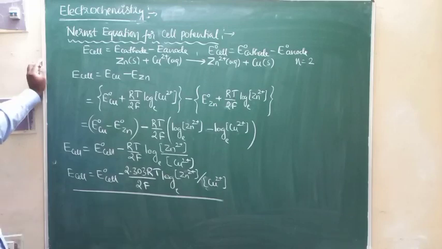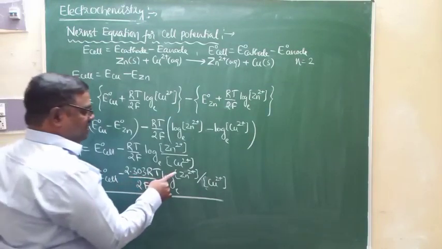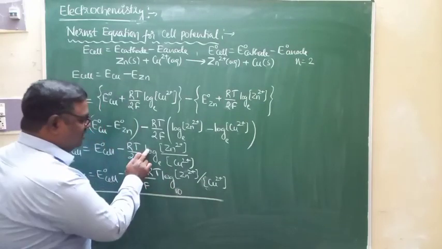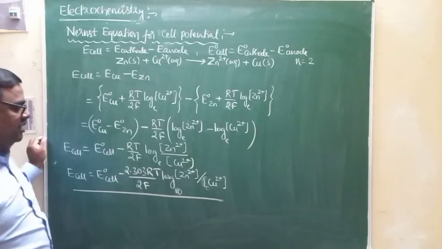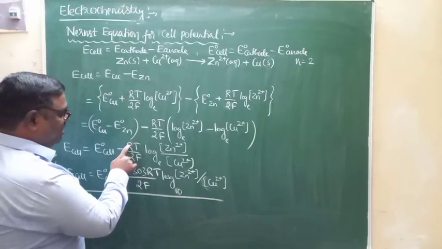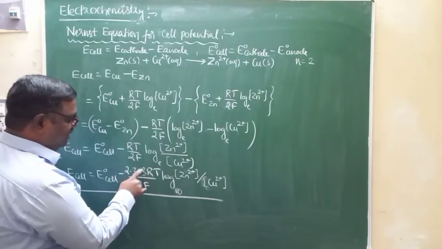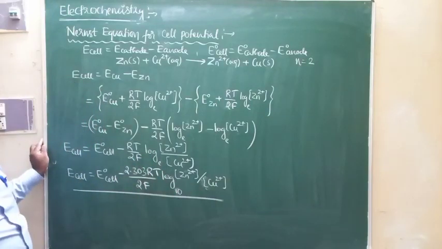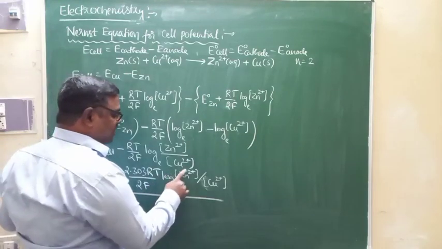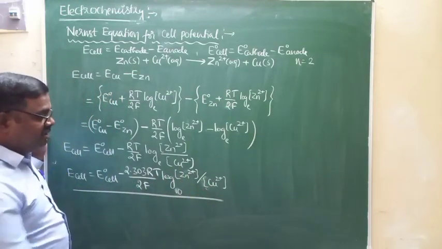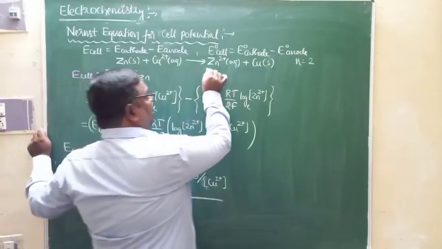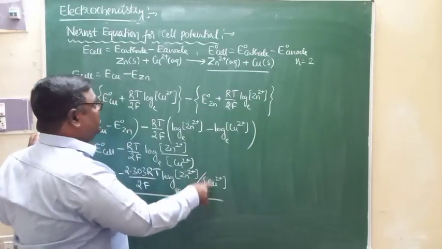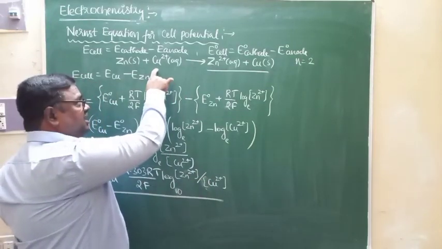Here we must note that log to the base e now becomes log to the base 10, because I have multiplied by 2.303. Also note that Zn 2+ is the concentration of the metal ion in the cell reaction on the product side, and copper 2+ is the concentration of the metal ion of the galvanic cell on the reactant side.